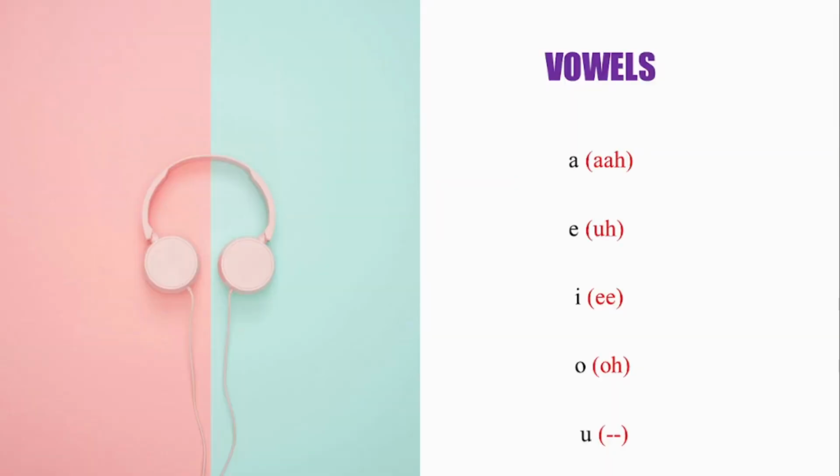All right, so the vowels in French here are A, E, I, O, U. One more time: A, E, I, O, U. I know some people are already asking, why does this man have dashes at the bottom next to that U?